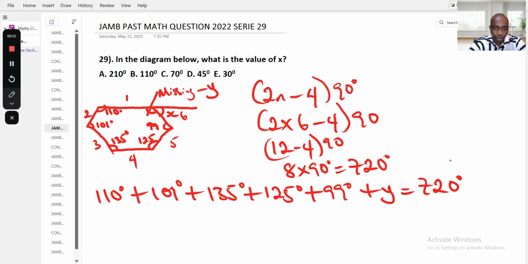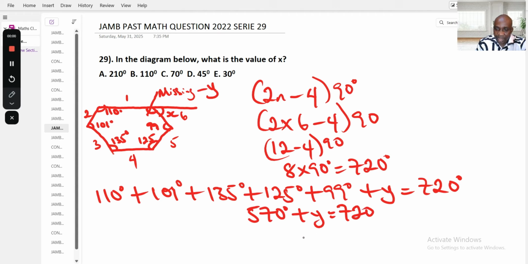110 plus 101 plus 135 plus 125 plus 99 is going to give us 570. 570 degrees plus y equals 720 degrees. Let's collect like terms.